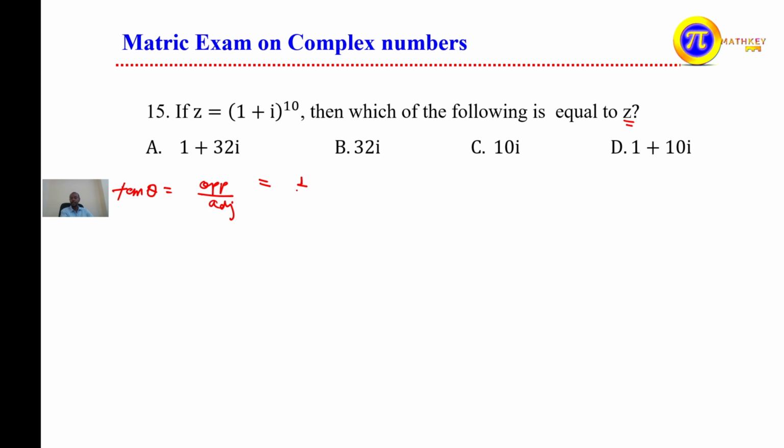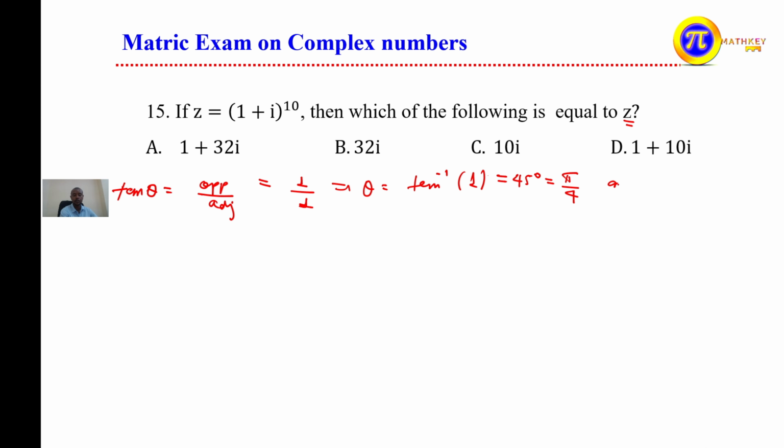The adjacent is the x value, that is 1. Which implies that theta is equal to tan inverse of 1. Since both x and y lie in the first quadrant, tan inverse of 1 is 45 degrees, or pi over 4 radians.